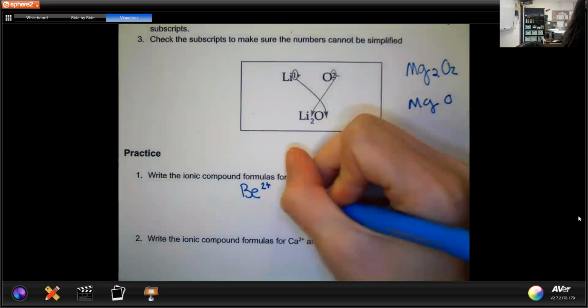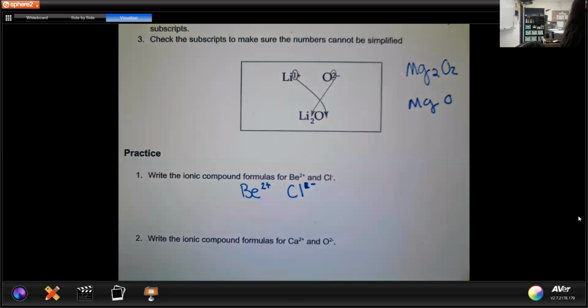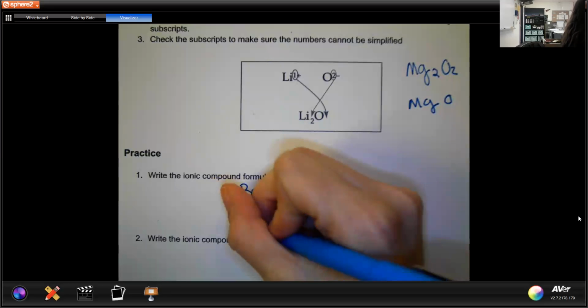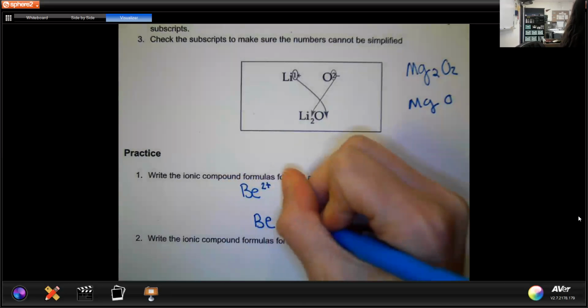I have chlorine, minus. Second step says I need to cross over the charges, but the numbers only. And the cation always goes first. And then those numbers will be your subscripts. So cation goes first. So I'm going to leave some space so I can write the numbers.